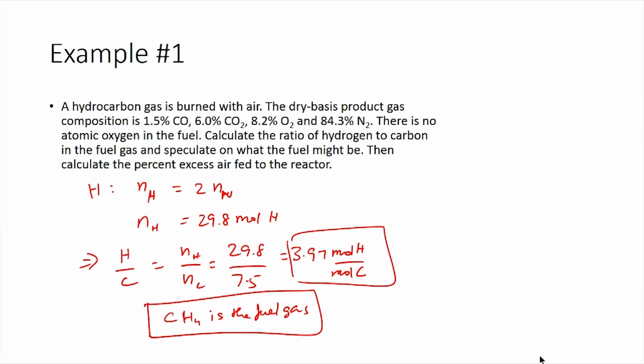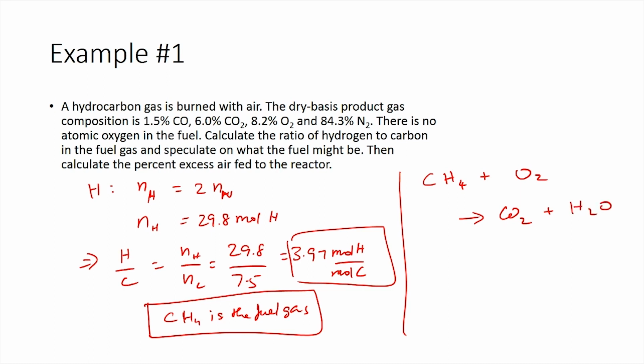For performing this calculation, we first need to identify what would be the complete combustion reaction for the fuel gas which is used. So, the fuel gas we have identified to be methane. Which means methane plus oxygen should form carbon dioxide plus water vapor.